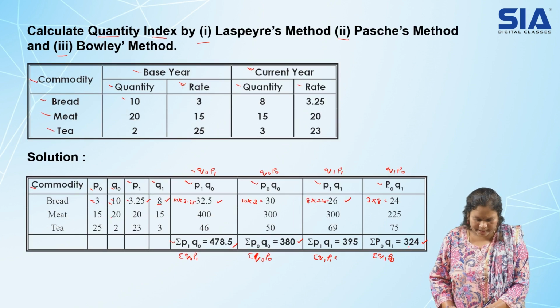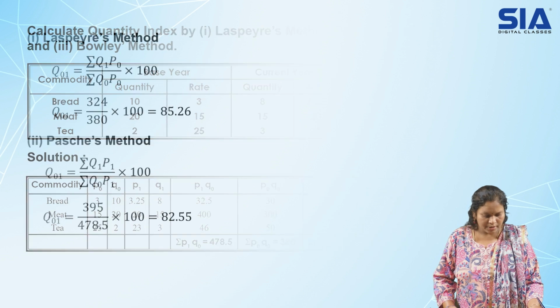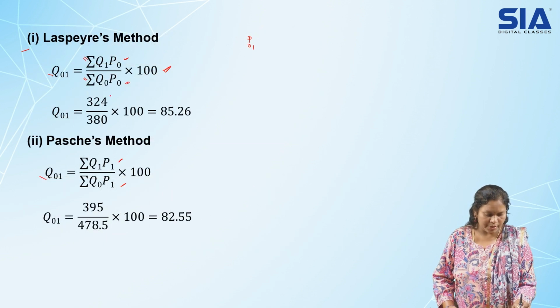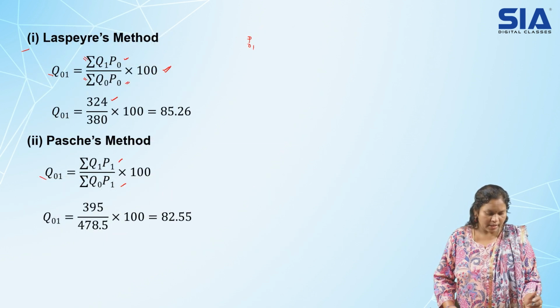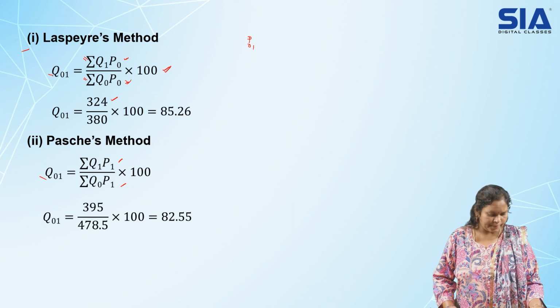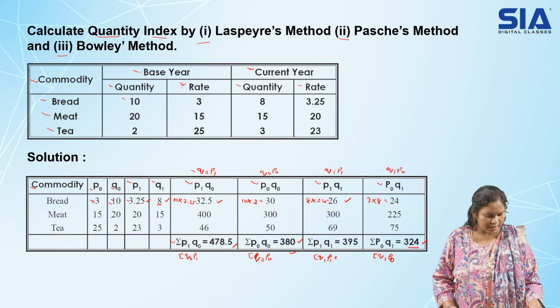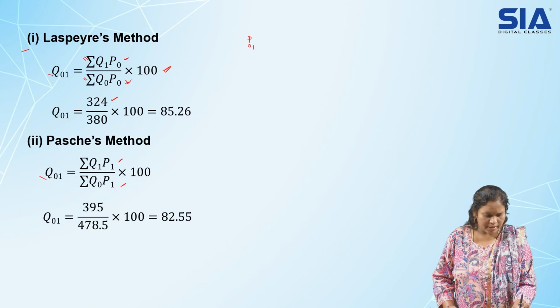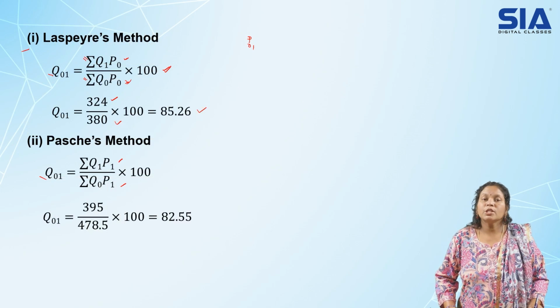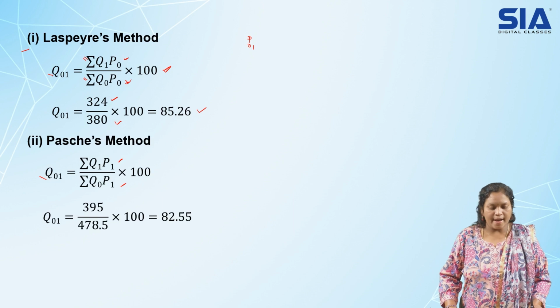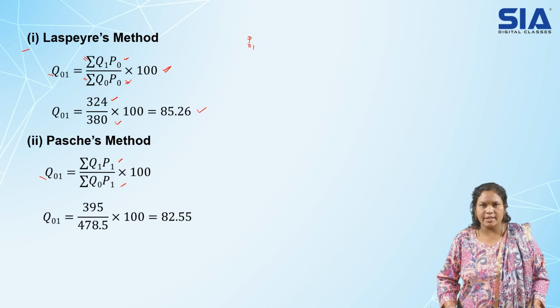Q1 P0 is 324. So check it out, 324 I have substituted, right? Next I need the Q0 P0 value. So Q0 P0 here is 380. So check it out, 380 into 100, I've got the answer as 85.26. So here we are done with the Laspeyres' method for quantity indices.